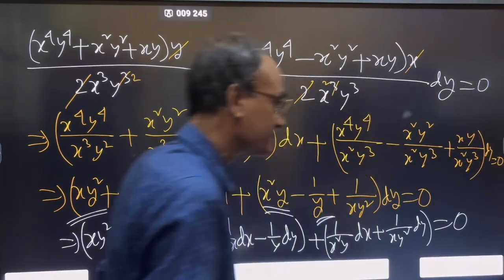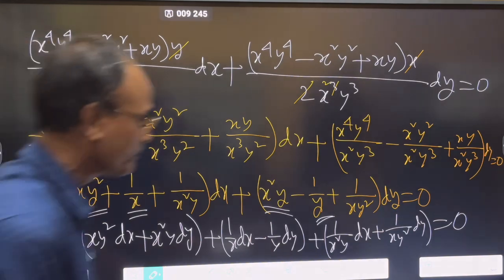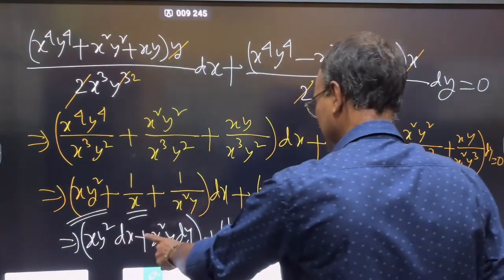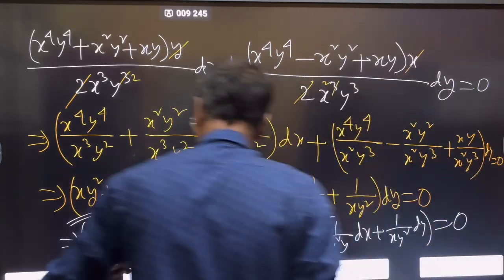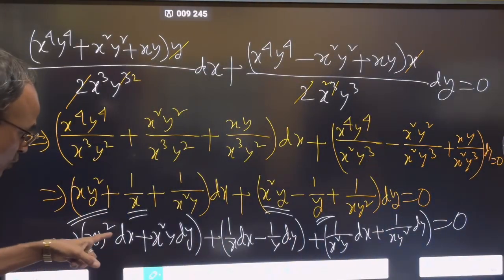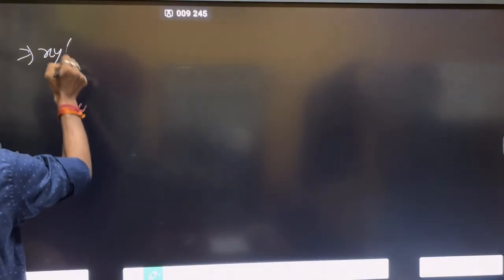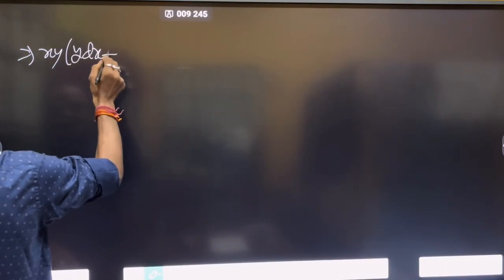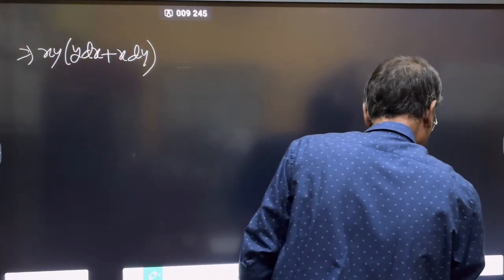You may write like this. Now, xy square dx plus x square y dy, xy is common. If you take xy common here, you may write xy times y dx plus x dy.